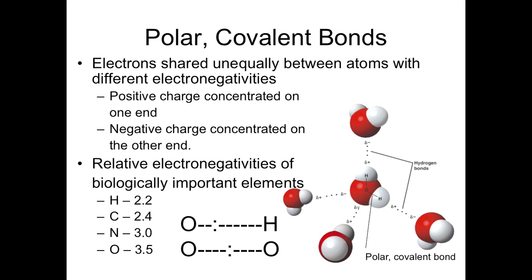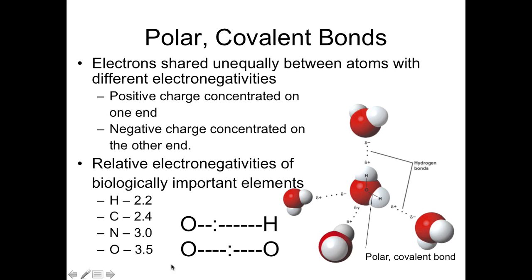Now, some people mistakenly want to think that if an atom is highly electronegative, it will always be a polar bond. But you have to remember that whether a bond is polar has to do with the difference of electronegativities. So for example, in molecular oxygen, both of these oxygen atoms are highly electronegative.